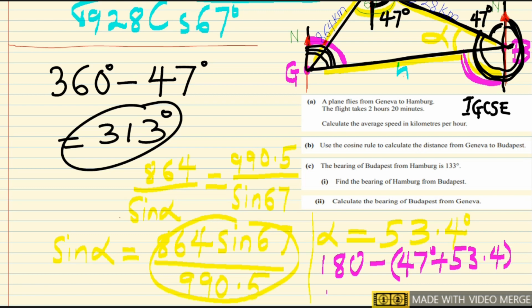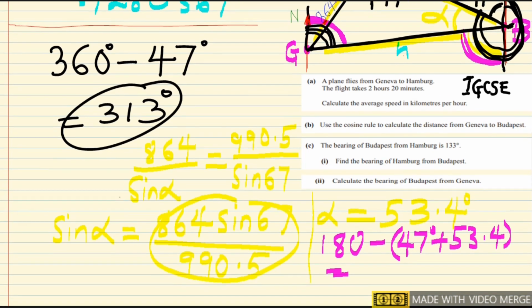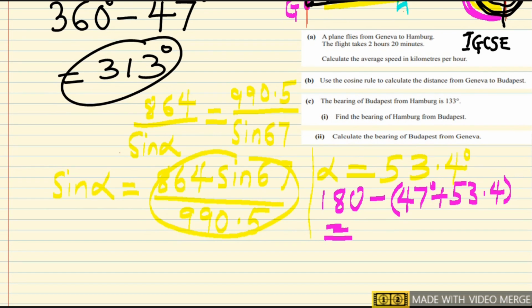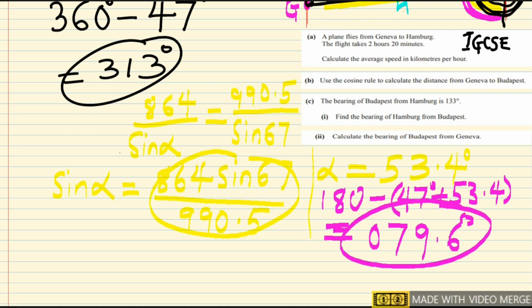If we do that together, we should get our final answer to be 079.6 degrees. That is the required bearing, the bearing of Budapest from Geneva.